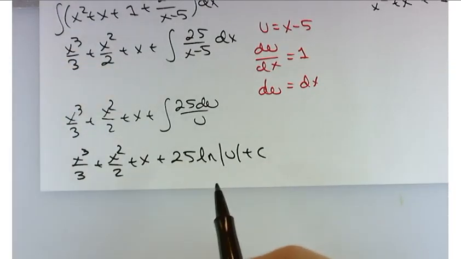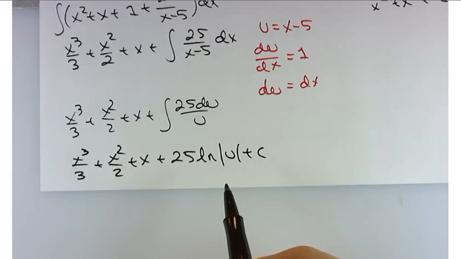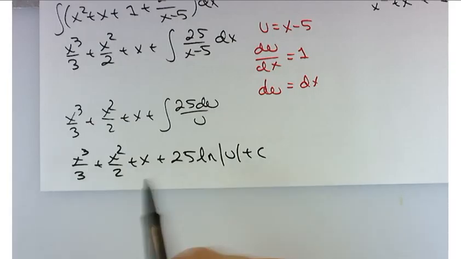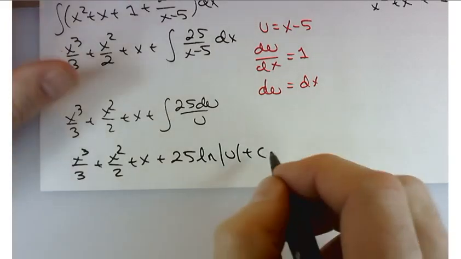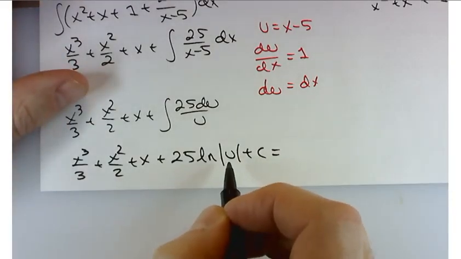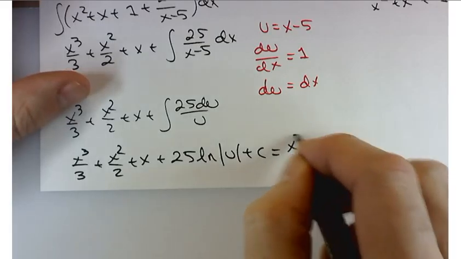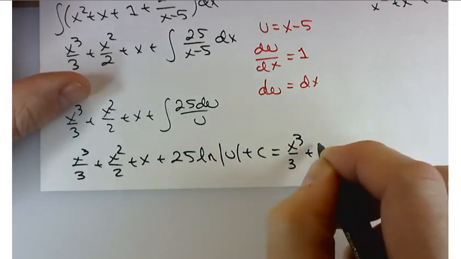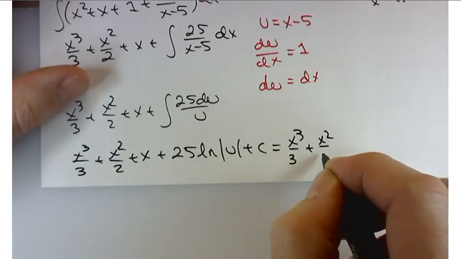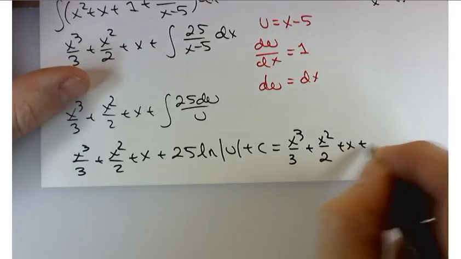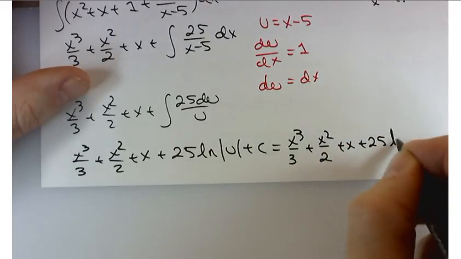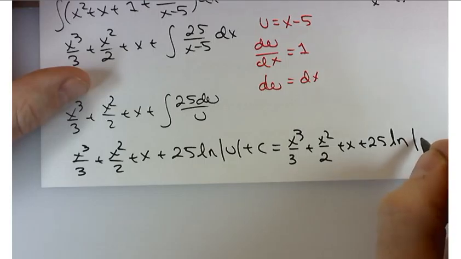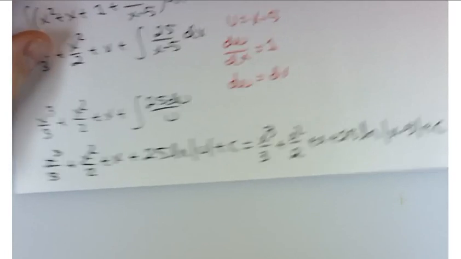What about this doesn't look right? You've got u's and x's in the same thing. I want to finish this in x's, so let's go back and substitute in x minus 5 here. So overall, x cubed over 3 plus x squared over 2 plus x plus 25 times ln of the absolute value of x minus 5 plus a constant.